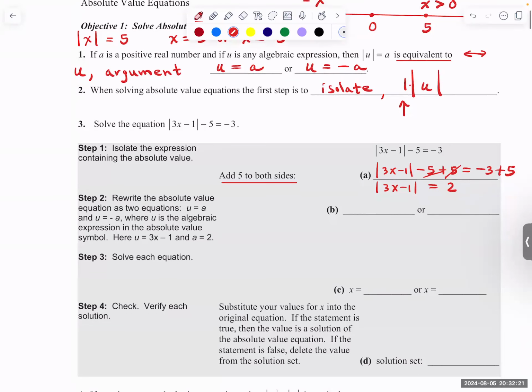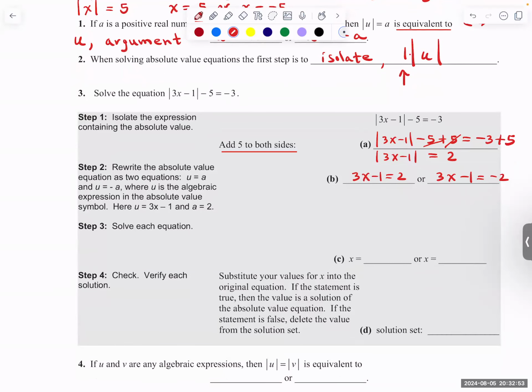Step 2, rewrite the absolute value equation as 2 equations and write the equivalent OR statement. Argument equals +2, or argument equals -2. We also call this a compound OR statement, which means 2 statements with the connector OR.